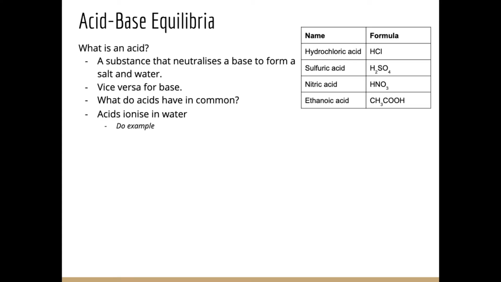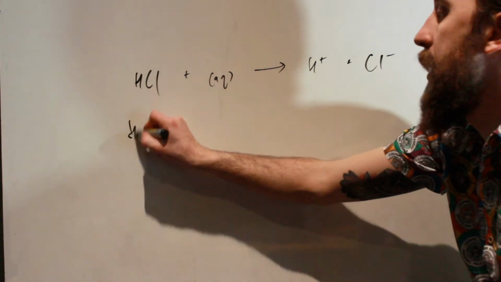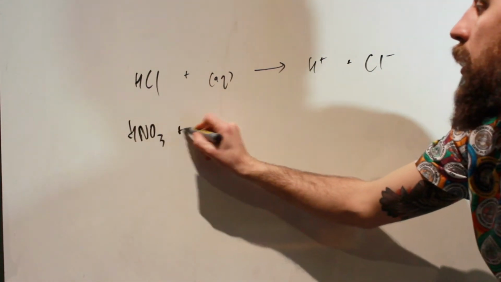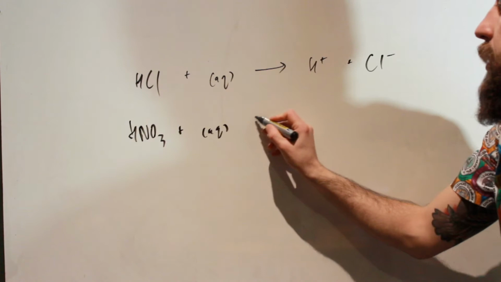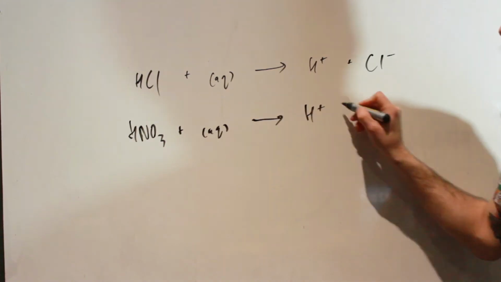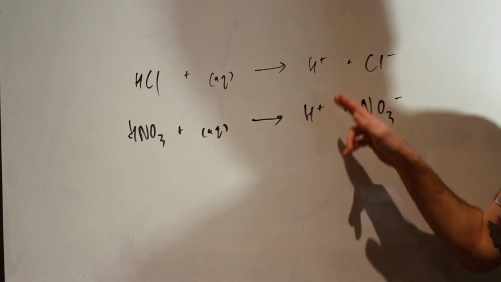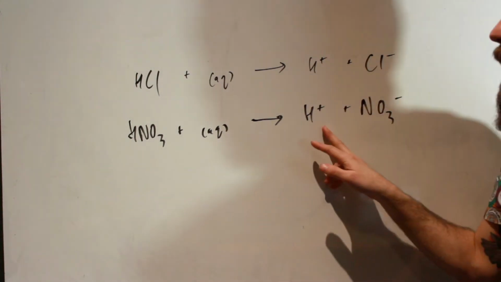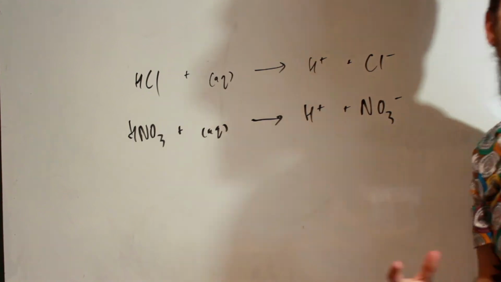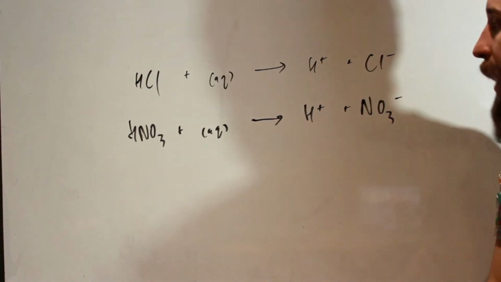What other examples do we have here? We've got something like nitric acid. If we think about nitric acid ionizing in water, I'll have HNO3, and then I put that in an aqueous solution, and I'll end up with an H+ and an NO3-. So we have this hydrogen ion that is common to all the acids that we're going to look at.